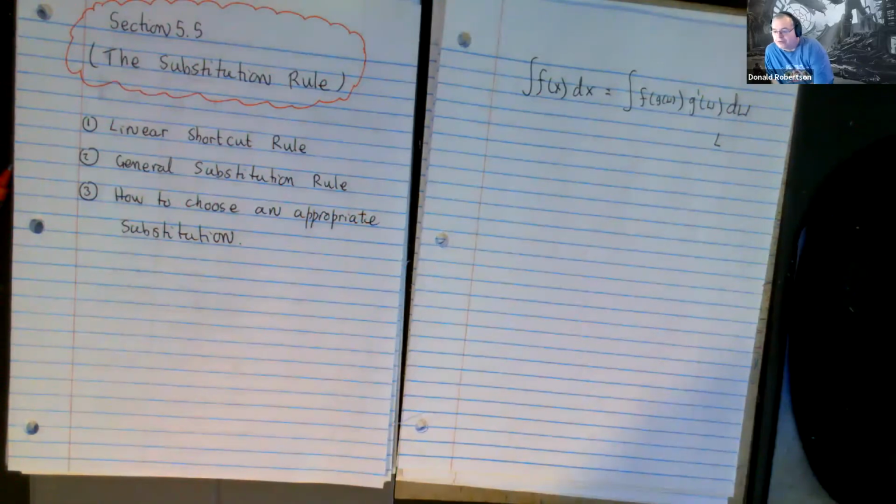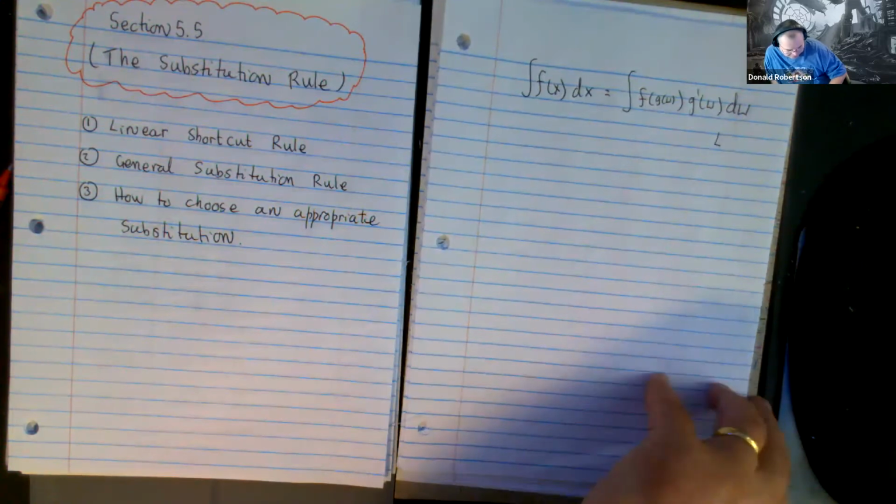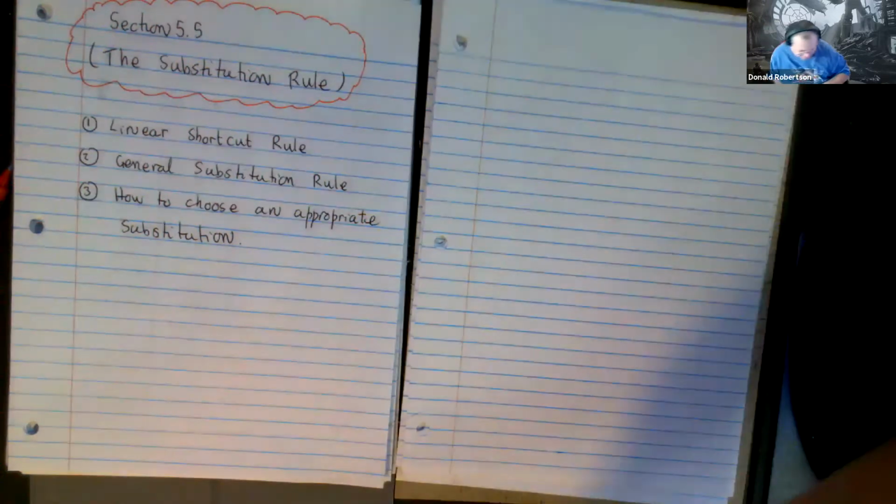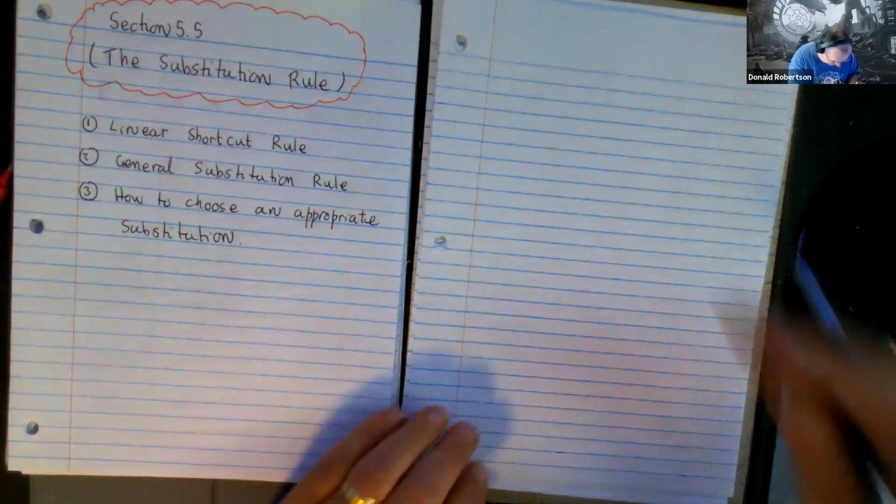I wouldn't even bother writing it down because you're not going to use it. The substitution rule is really a process rather than a formula, and so trying to apply that formula would probably not be feasible. I just said it to get it out of the way in case you ever see it written down somewhere.